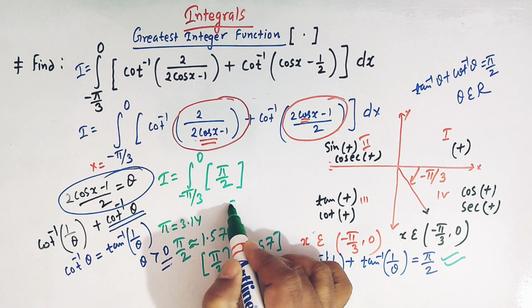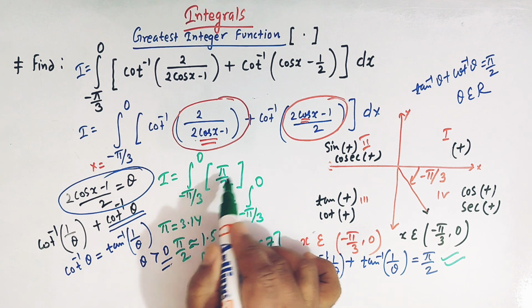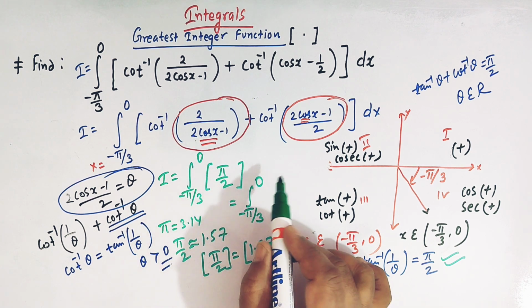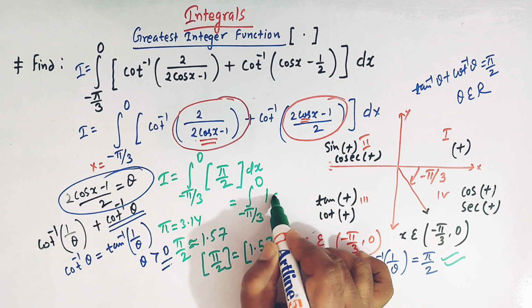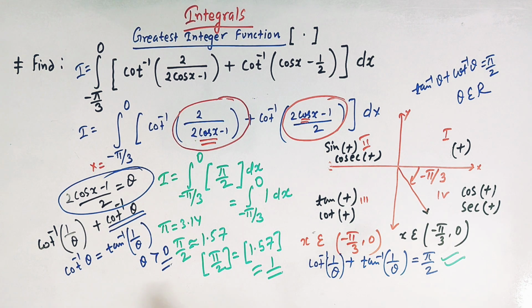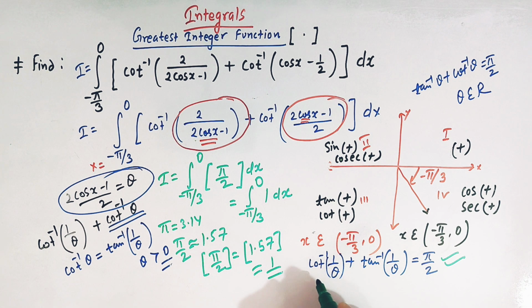So now this integral reduces to integral from minus pi by 3 to 0, and here for greatest integer of pi by 2 we have 1, right? So here we have dx also, right? And now the integral of dx is simply x.